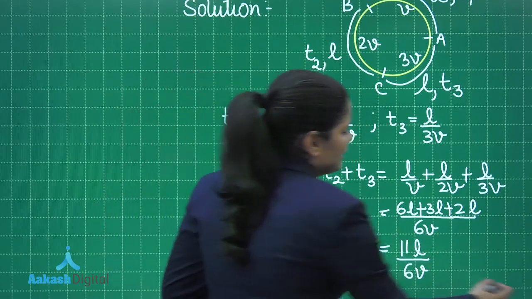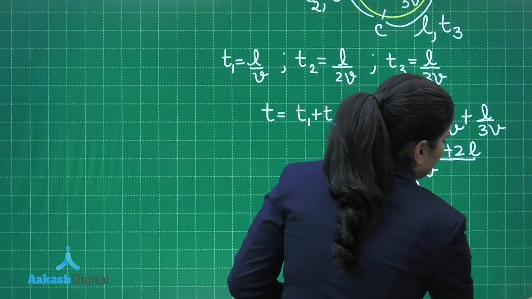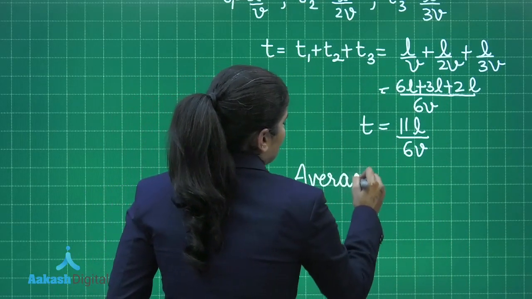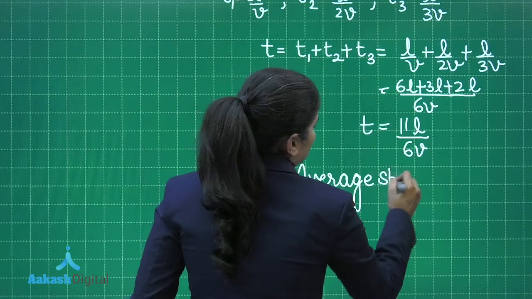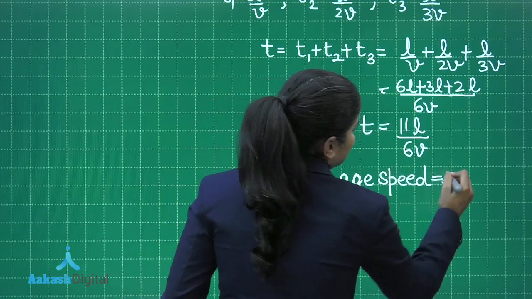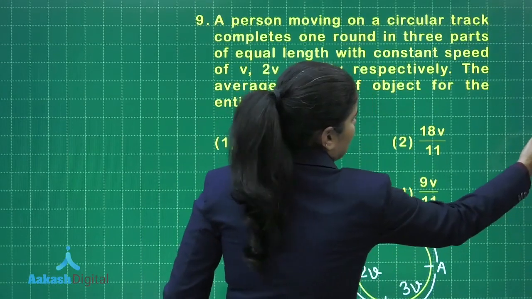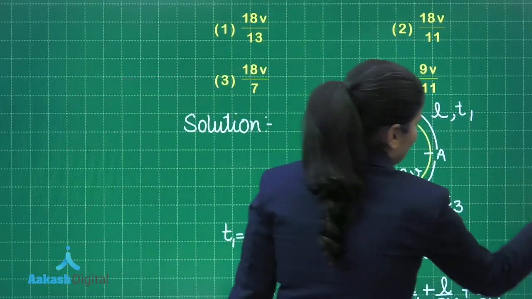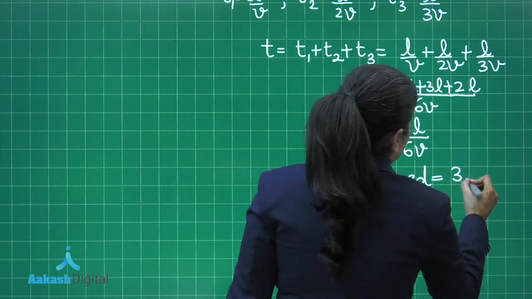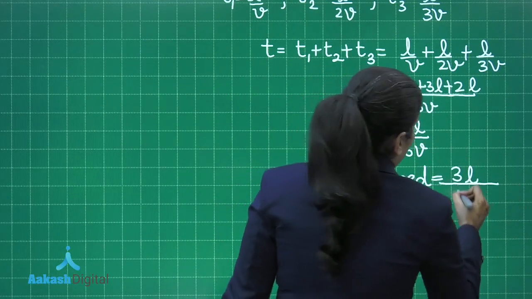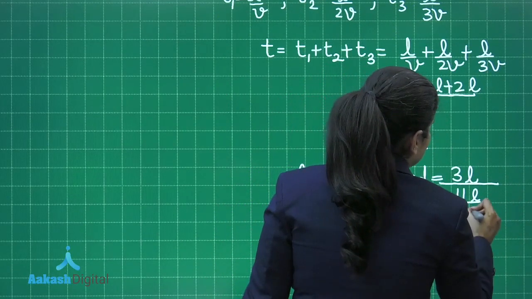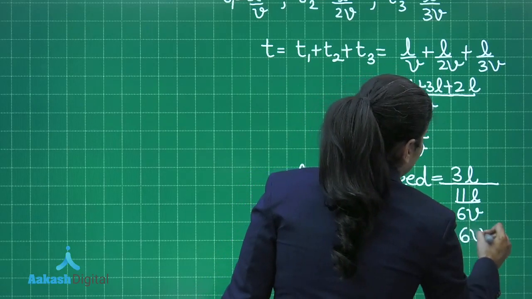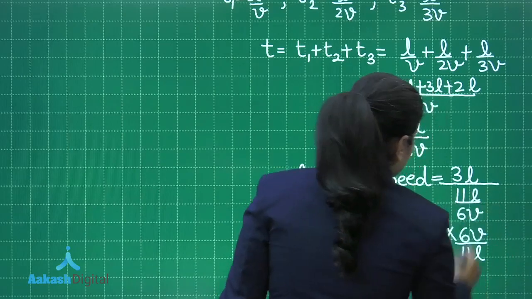To find out the average speed, what do we need? Average speed is total distance upon total time. So what is the total distance? That is going to be this L plus L plus L, that is 3L. So we can simply write down here, this will be 3L divided by 11L by 6v, and that will come out to be 3L into 6v by 11L.